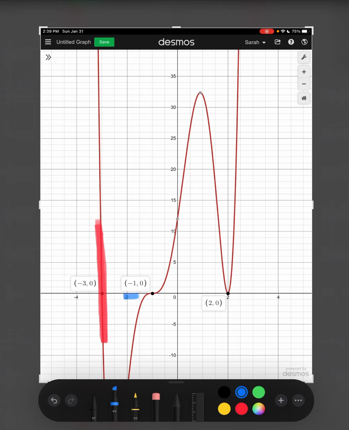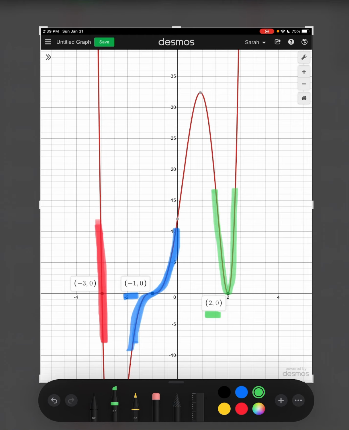Now let's take a look at our point, negative 1, 0. That graph is crossing through the x-axis in kind of this S shape almost. A lot of people call it an S curve. There's this nice little curvy shape. And then for this point here, our graph is bouncing off of the x-axis at that point.